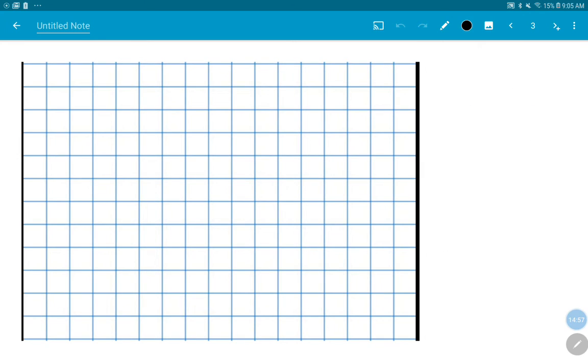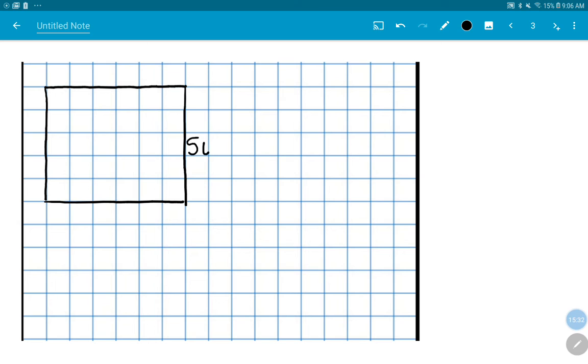Let's try another one. Let's make a rectangle. All right, so here's my rectangle.